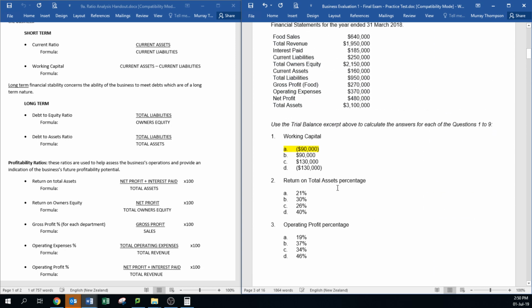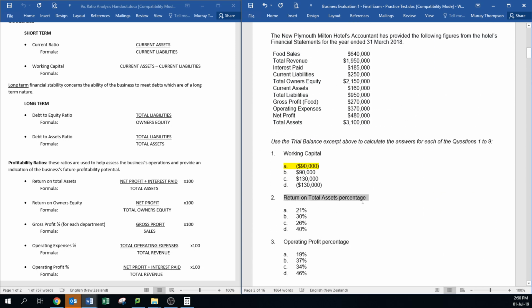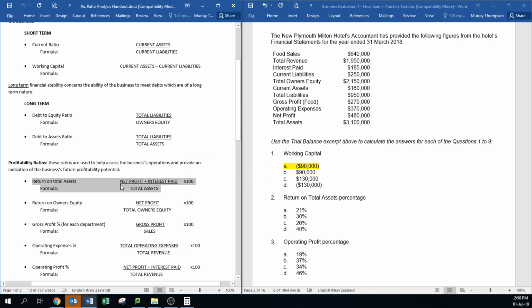The last one I was going to look at was return on total assets percentage. Return on total assets is right here. This formula has two things on the top, then a divided by, and then the total assets, and times 100. So there are actually three parts of this calculation that you have to do in order. Number one, do the top line: take this plus this, hit the equal sign.